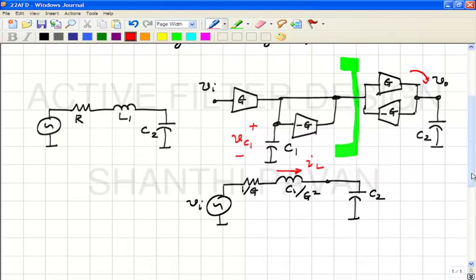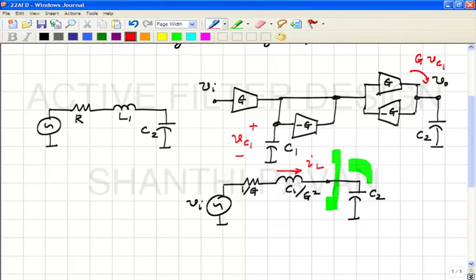All right. So as far as C2 is concerned, it is looking at a voltage source in series with an inductor of value C1 by G square, and the current that flows through C2 in this passive network is IL, and in this network we see that this current is nothing but G times VC1.